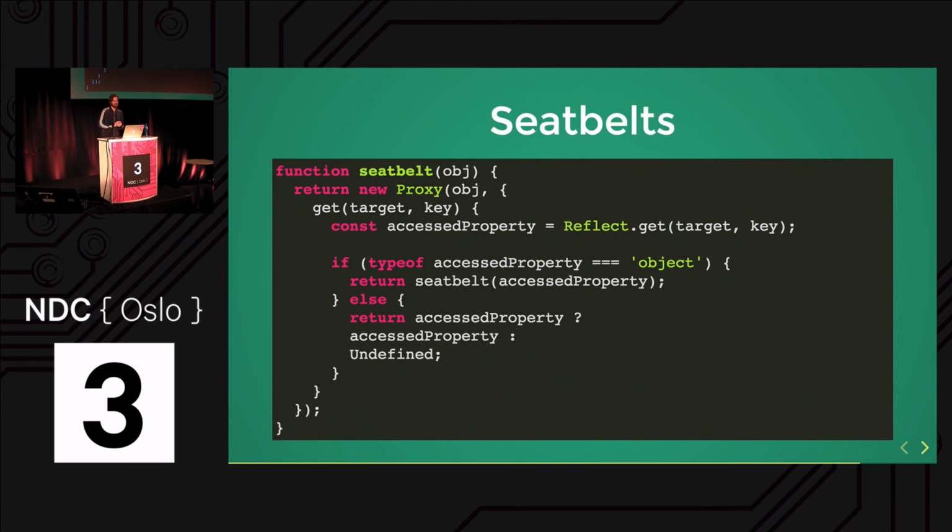Otherwise, we'll see, does this property exist? If it does, we'll return that actual property to you, meaning that this is a primitive type. I see that this is not actually going to work now if it's false or the number 0, and for certain cases. But just imagine that JavaScript wasn't insane. So if the property doesn't exist, we'll just return our new undefined definition.